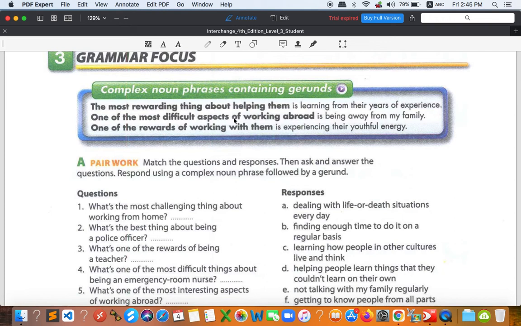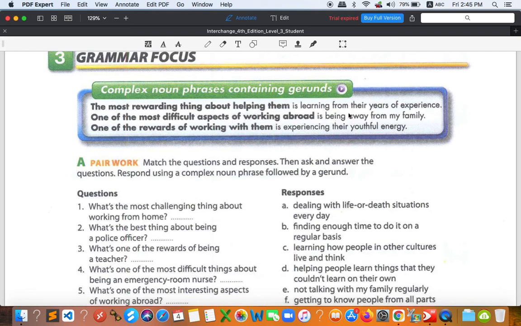Alright, so nothing else, everybody, don't get it wrong. The most rewarding thing about, you see, helping them, so that is a gerund. Of working abroad is a gerund as well, gerund phrase, and working with them is a gerund phrase. So that is the subject of the whole complex noun phrase right here. Okay.